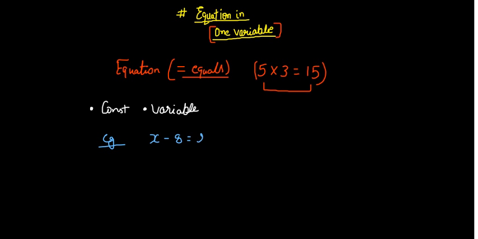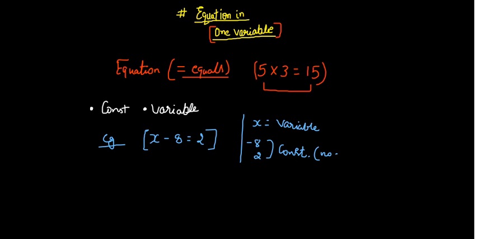Now this is called an equation, where x is a variable and minus 8 and 2 are constant numbers. The term constant means that it does not change.